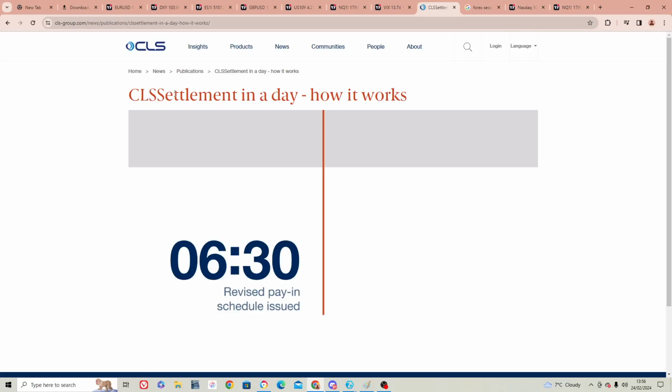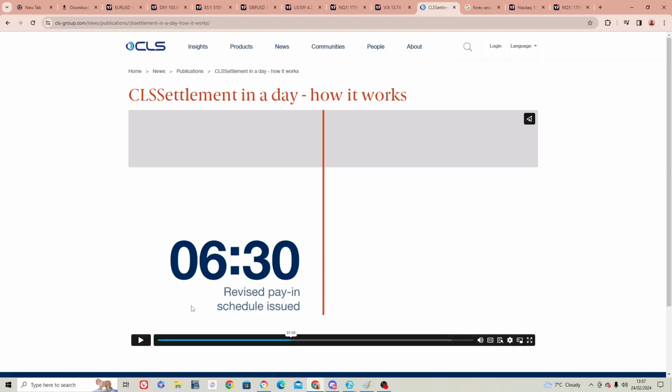Now, this was set up by the G10 central banks, and it was due to something called Herstatt risk. This was a collapse of German bank house Herstatt in 1974, I believe. So CLS was set up in response to that to provide a counterparty and a smooth settlement of foreign exchange transactions.